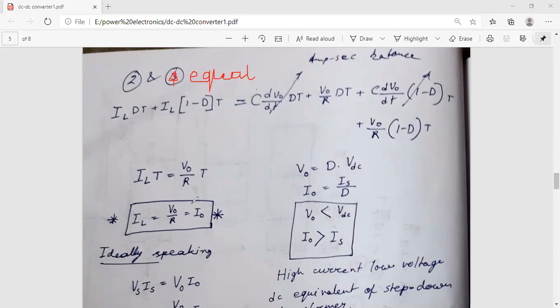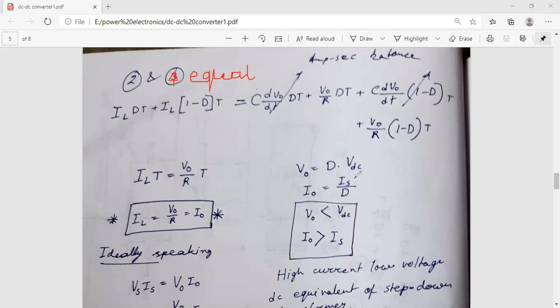So output voltage V naught is equal to D into VDC, and output current I naught equal to V naught by R is actually the IL.